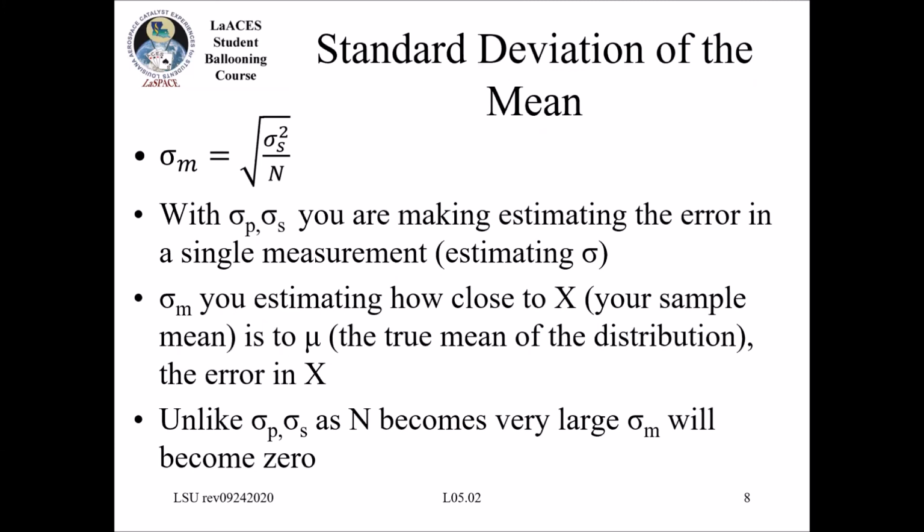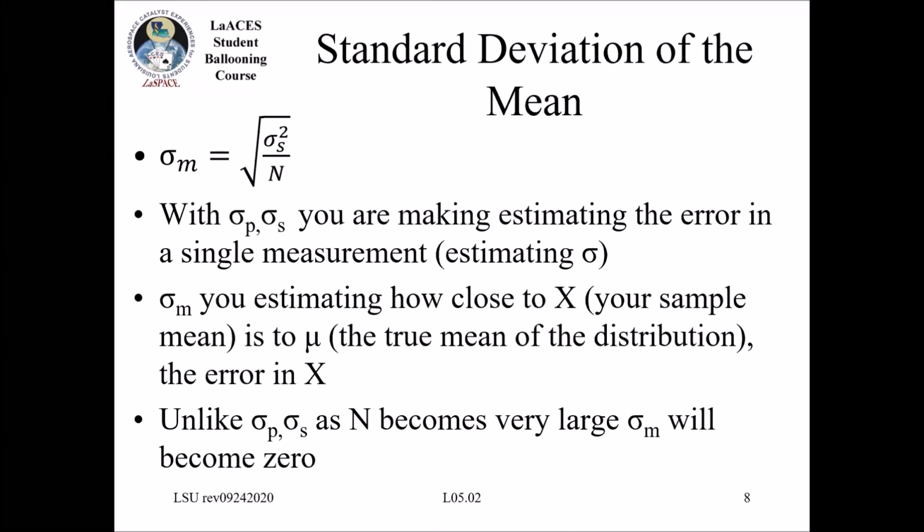And then finally, there is the standard deviation of the mean. This is different from the other two standard deviations, because with those you're talking about how much error there is in a single measurement, as in, I take a bunch of measurements and this tells me the error in one of those.